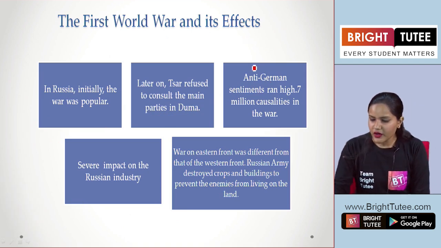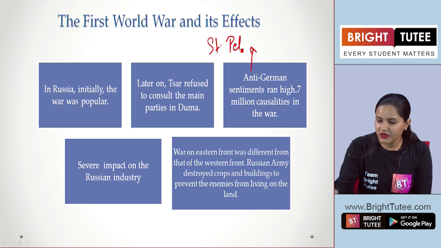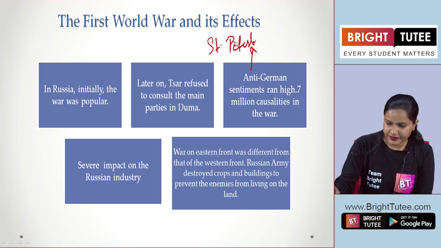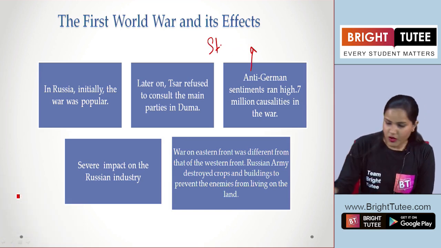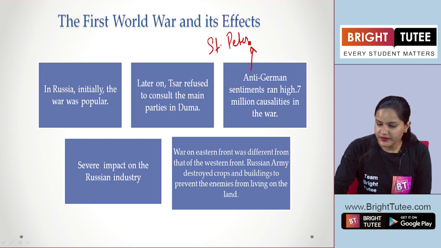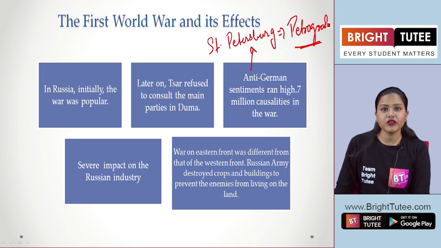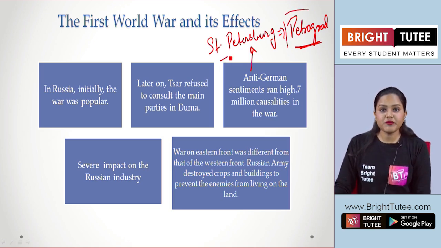So here we see that the best example is when St. Petersburg, let me correct the spelling here, was renamed, because that was a German name, and it was renamed Petrograd. Now, whenever you hear the name Petrograd, students, it means that we are talking about St. Petersburg.